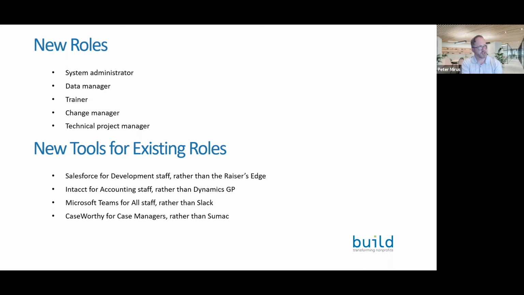You might need somebody to serve in a change management role on a temporary basis. And you also might need a project manager or a technical project manager to help support the project. And if you're going to staff these roles using in-house people that maybe haven't been familiar with these things, professional development will be necessary for them to excel.